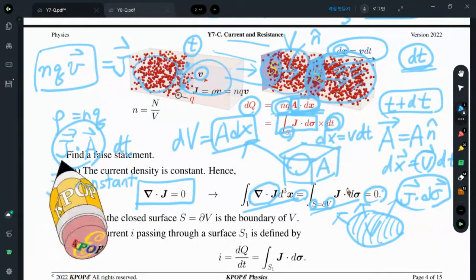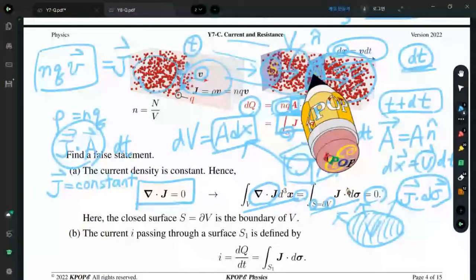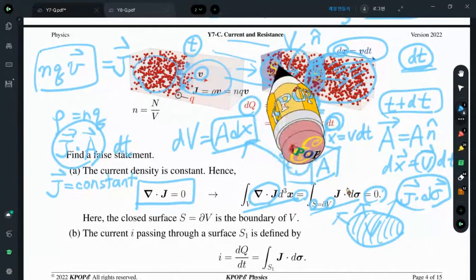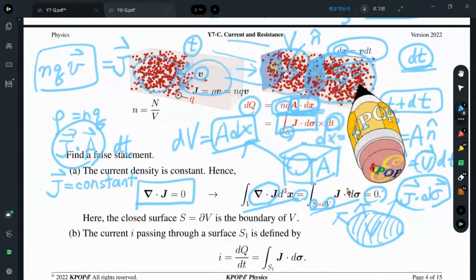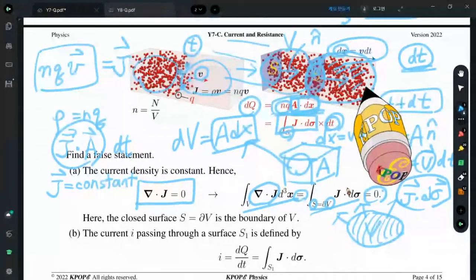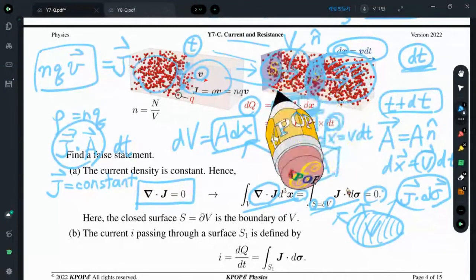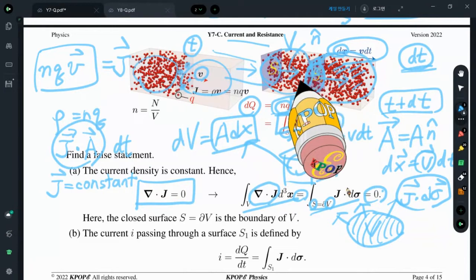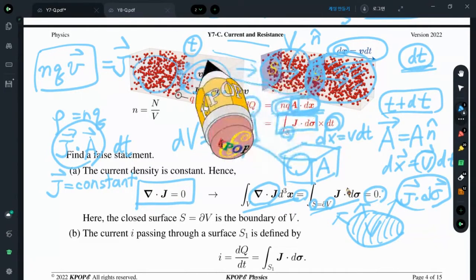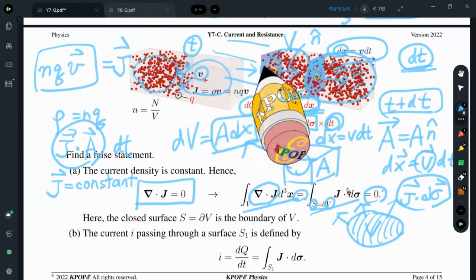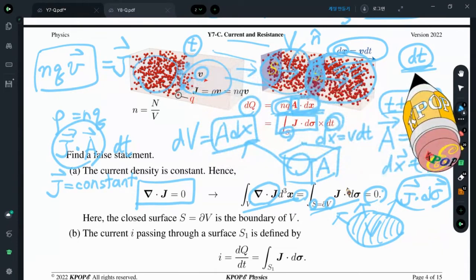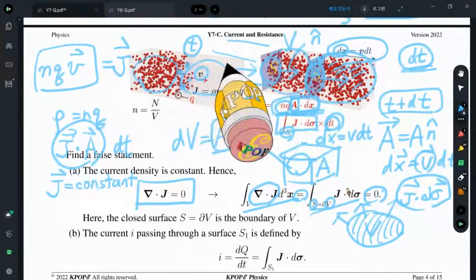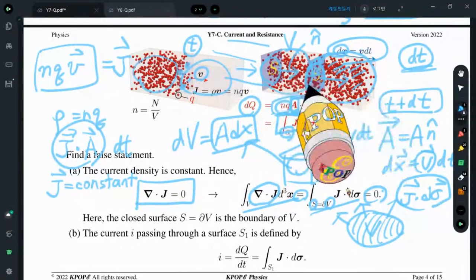That means current is uniformly flowing, so regardless of the flows of these charges, the amount of charge contained inside the box is the same. This is not true if the flow coming in is bigger than the flow coming out. It is only the case when the flow coming in is the same as the flow coming out.